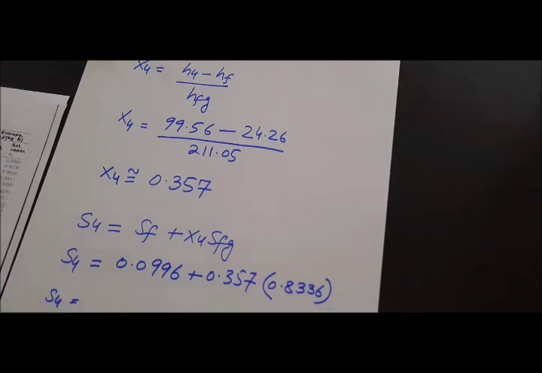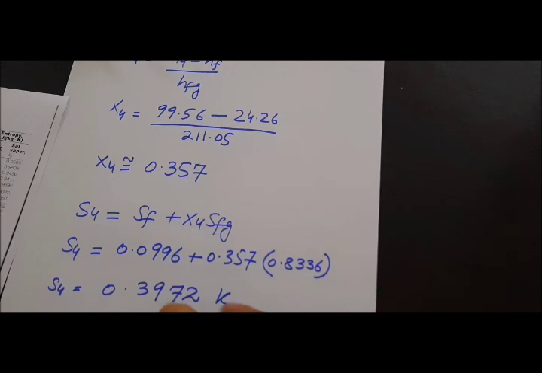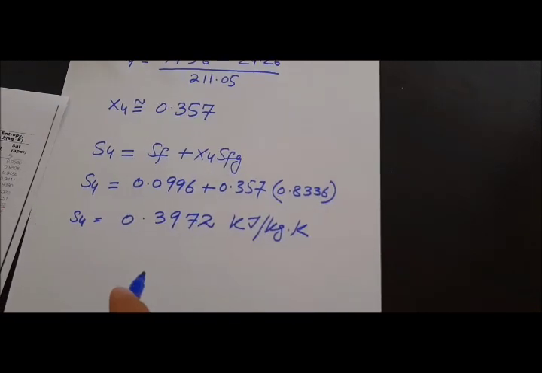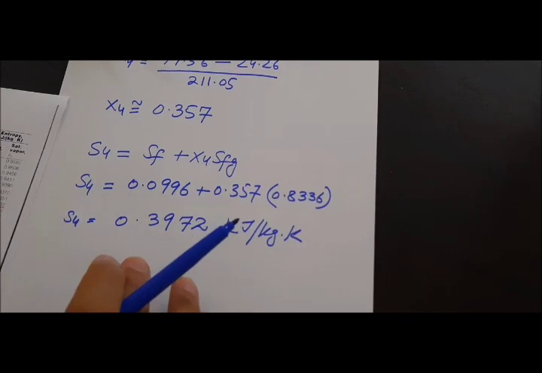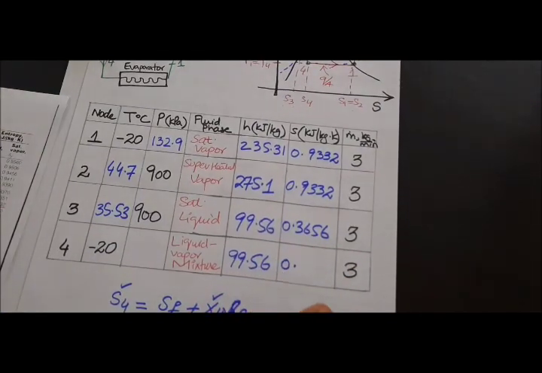Let me calculate it. So 0.0996 plus 0.357 into 0.8336 comes out to be 0.3972 kilojoule per kilogram Kelvin. So we now know S4. We are going to put it right over here, and that is 0.3972.